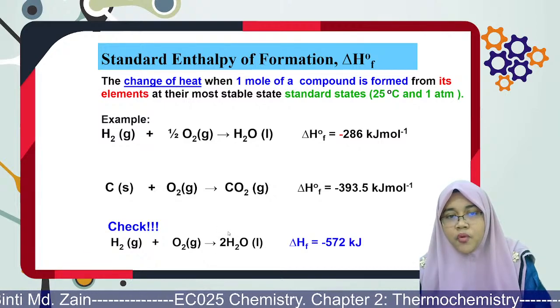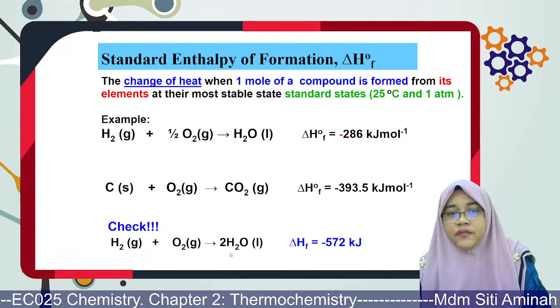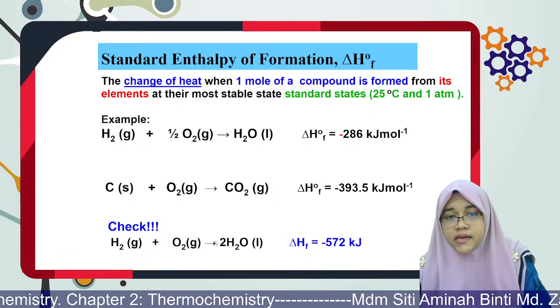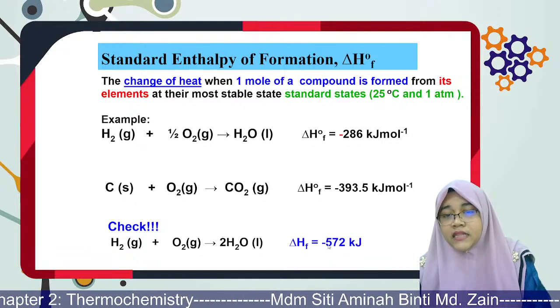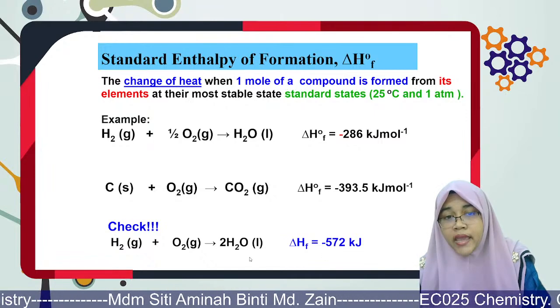The enthalpy of formation must be for 1 mole. If you want to know the enthalpy of formation, you have to divide by 2, because the product here is 2 moles. So negative 572 must be divided by 2 in order to get 1 mole.